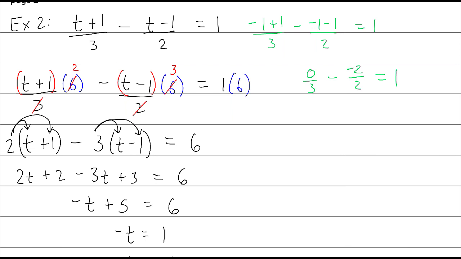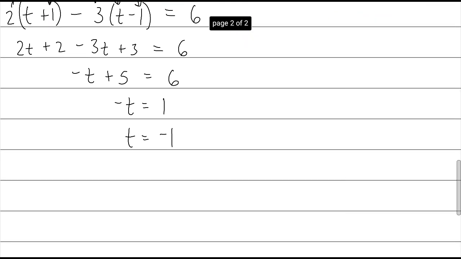Okay, this is 0. Just leave that off. Minus a negative is a positive, so it's positive 2 over 2, which is just 1, equals 1. Check. All right, good. It works. So negative 1 is my solution.